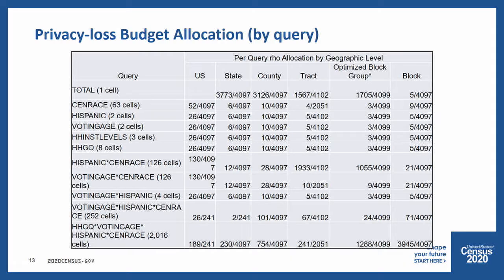So this is the breakdown for the persons tables for each of the queries that were asked in creating the noisy measurements at each of the geographic levels. You can see the relative proportions of rho allocated to each of those queries. I did not include the corresponding table for the units file here because there was just one query included in that. So all of the privacy loss budget at each geographic level was allocated to that query.